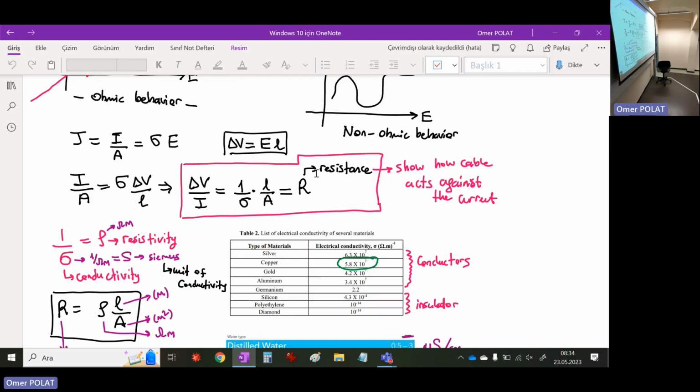So when we drive the current, because of collisions between electrons and atoms, each substance experiences some resistance to the moving electrons. Electrons are free, but they are not moving in free space. They are moving in some medium. In this medium, there are too many electrons with atoms trying to move.